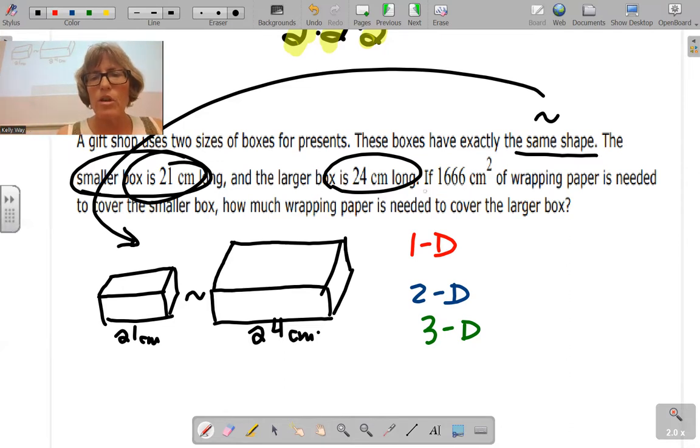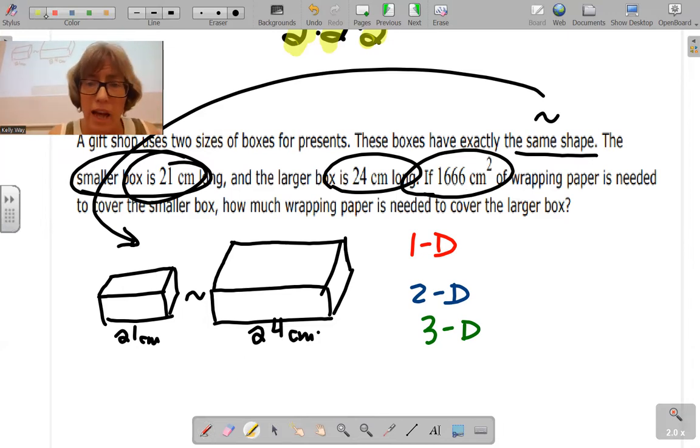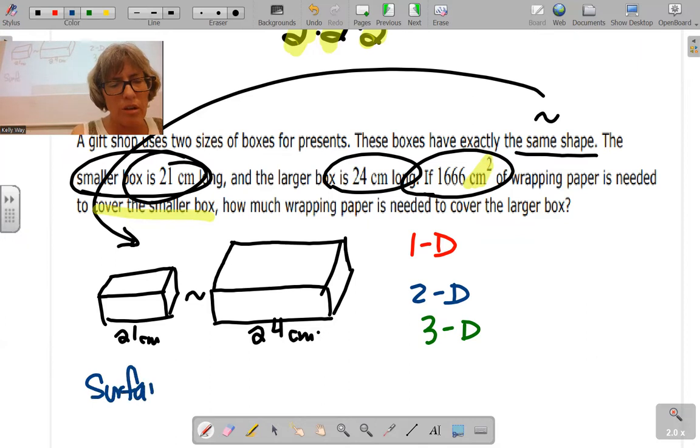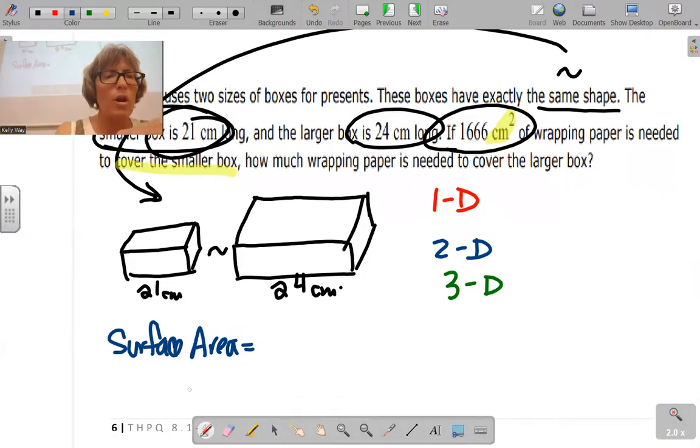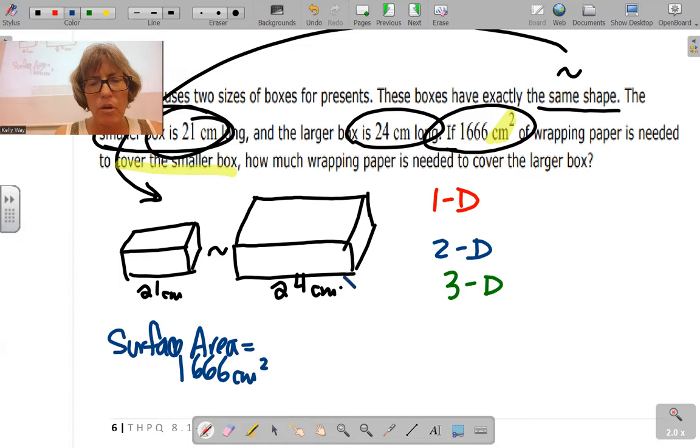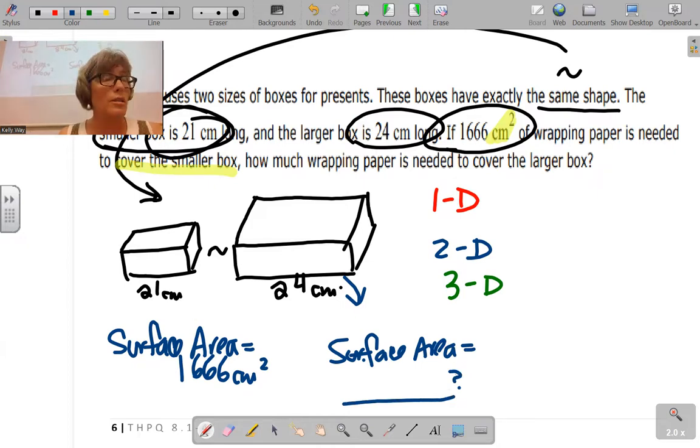If you need 166 centimeters squared, pay attention to that, squared, for the smaller box, that means the actual surface area. You did this in the very last video. Surface area is like wrapping paper. Our actual surface area of the smaller is 166 centimeters squared. How much wrapping paper do you need for the larger? That's the question.